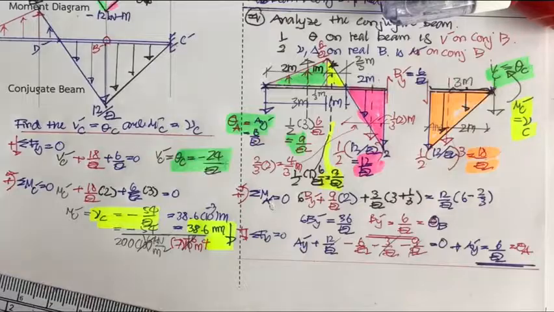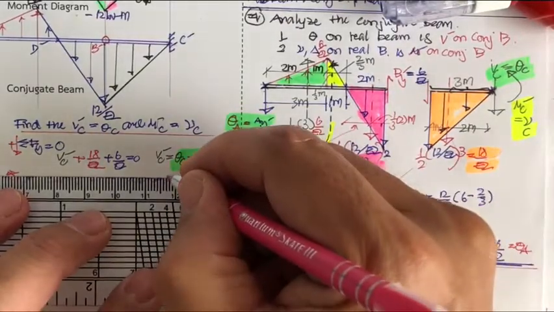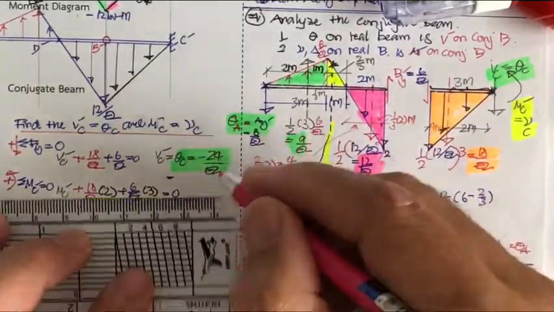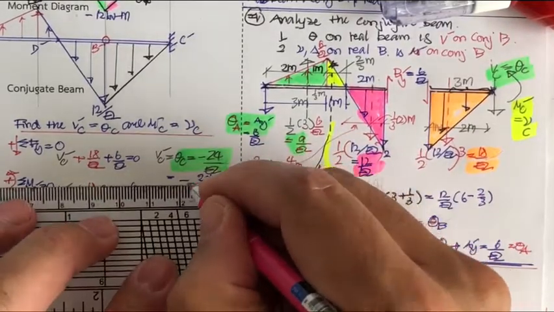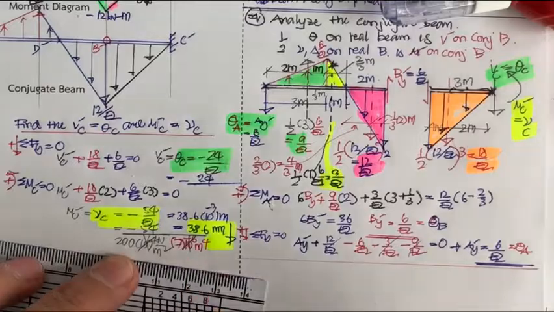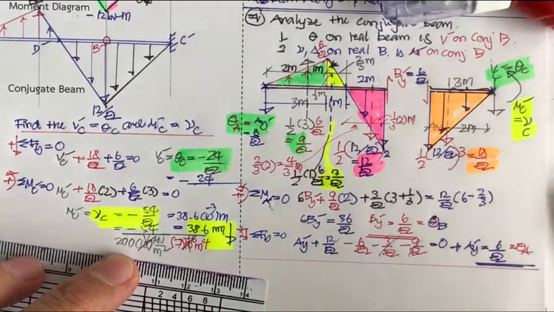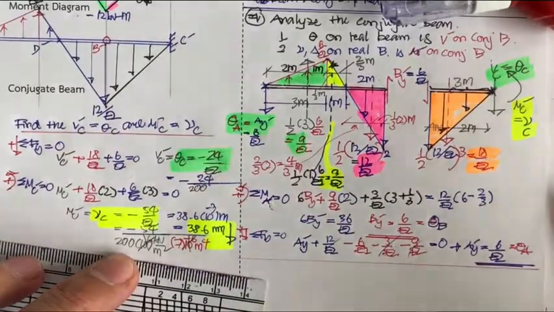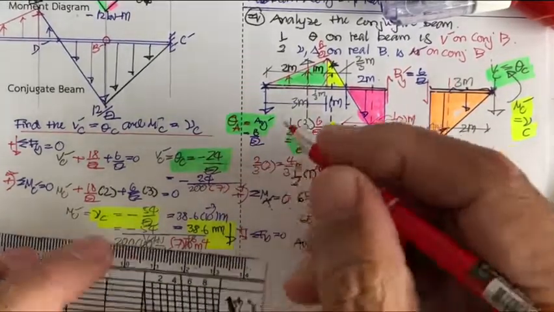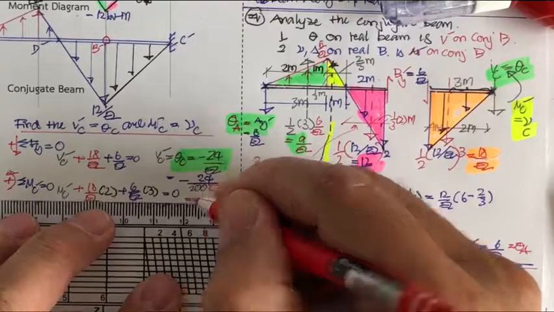And again, if you do this one, what is this going to be? This one is going to be minus 24, and then divided by 200 and times 7. When you cancel this, this is 200, and then 7, and then you get this one.